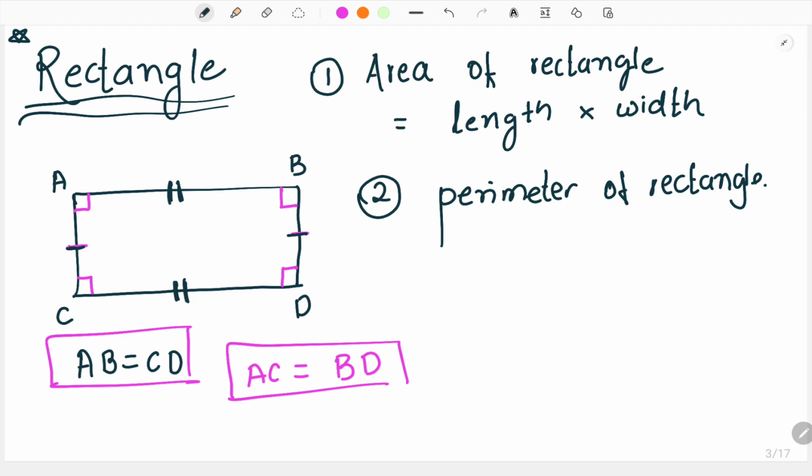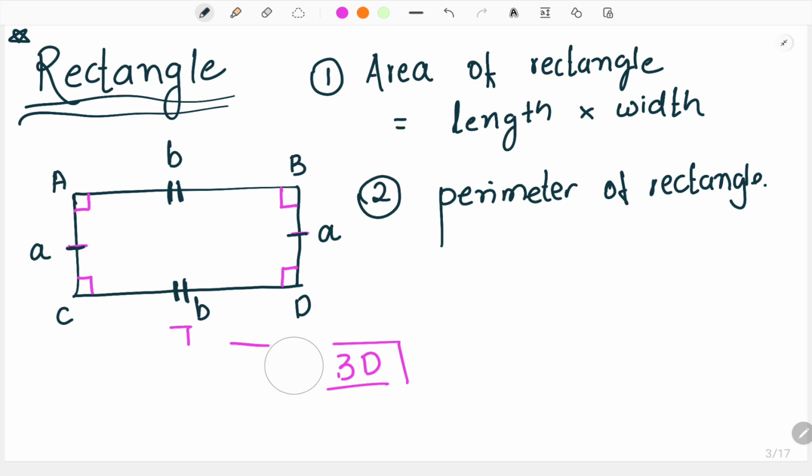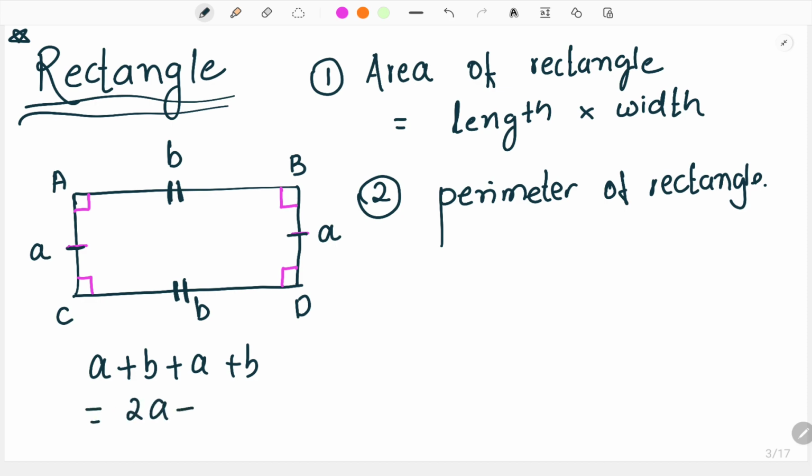Suppose this is side A, this will also be side A. If this is side B, this will also be side B. If I want to calculate the complete perimeter of this rectangle, I will simply add all the sides together, that is A plus B plus A plus B. It means 2 times A plus 2 times B. We can simply write it as 2 into (A plus B).